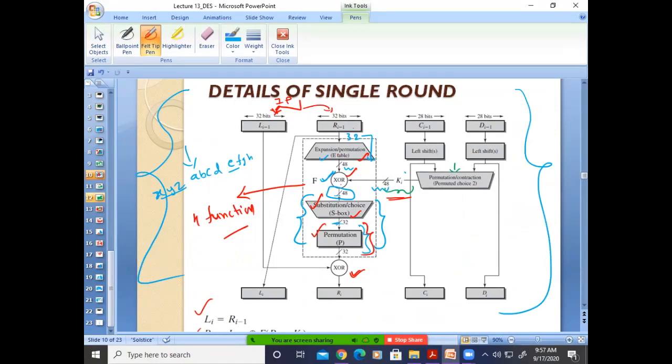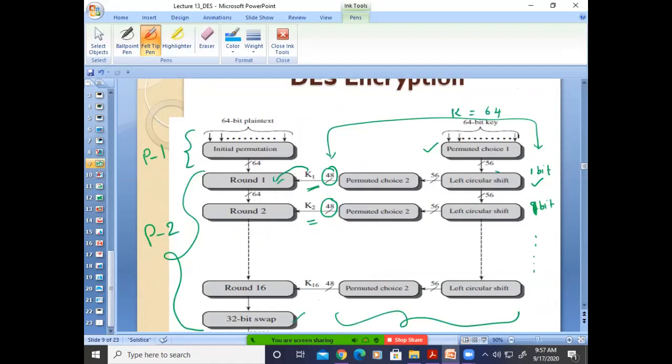But whatever is there in this function is the same. For each round the SBox is also the same. No change in the SBoxes. Once SBoxes are fixed, they will be fixed for each round. Only change is the Ki. I hope all the block operations are clear.